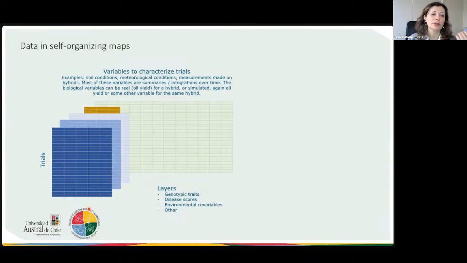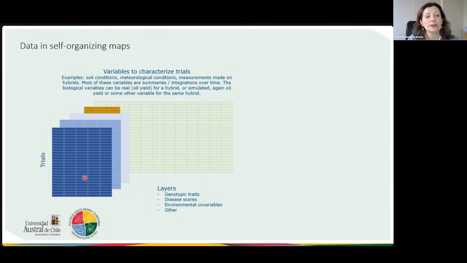You could have genotypic traits, and you could have other traits, even environmental traits. And you have one matrix or one layer per type of information. And that is very nice, because then you can have a different similarity measure for each type of trait.